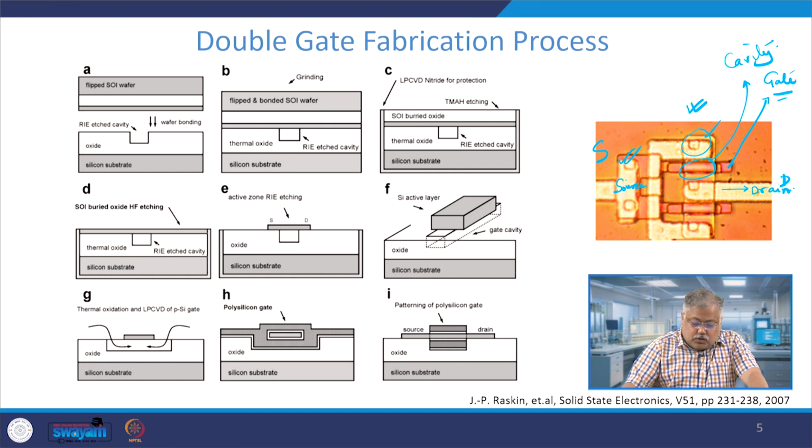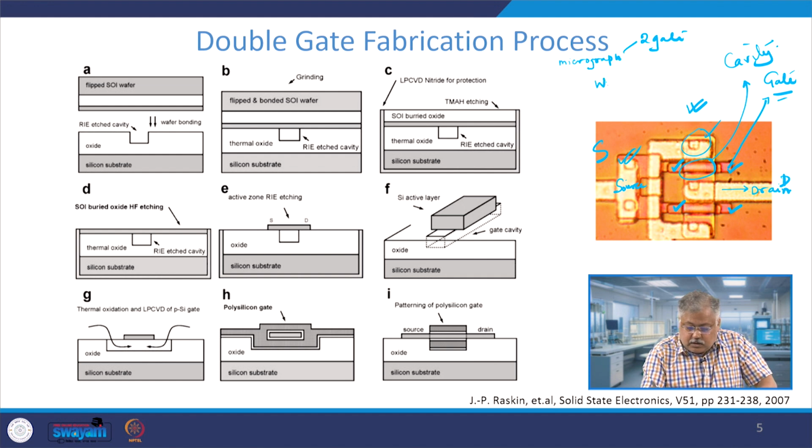So, this is an optical microphotograph of a device with two gate fingers. Why two gate fingers? Because there are two gates here. So, this is basically a micrograph with two gate fingers, gate number 1 here, gate number 2 here, and what we are doing here is that the width divided by L, W by L, is approximately equal to 3, and we have taken the channel length to be equal to 2 micron.